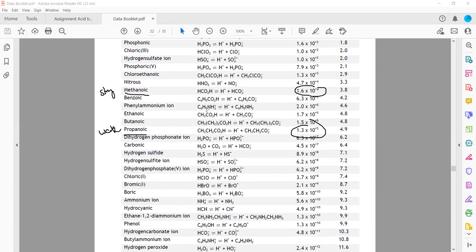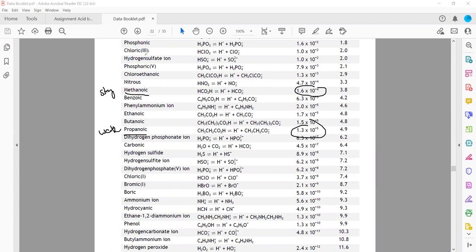How do we say both are weak acids? Because for a strong acid, we don't write a dissociation constant, as it ionizes completely. The ions are more, so it would be a very high, almost infinite value. That's why for a strong acid we don't write it, while for a weak acid we do.